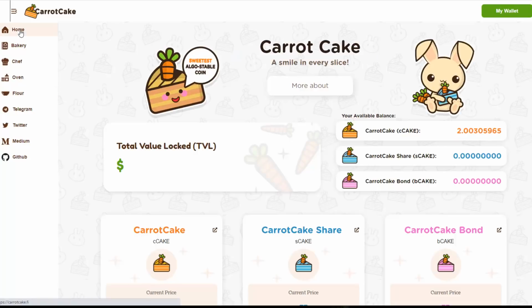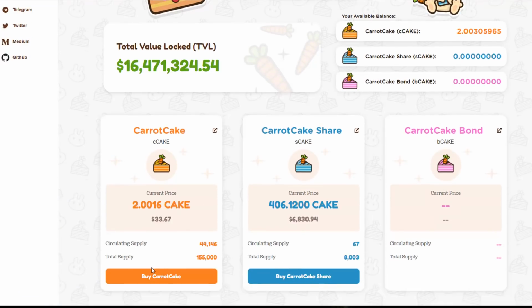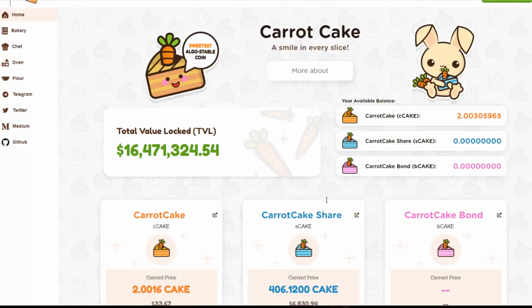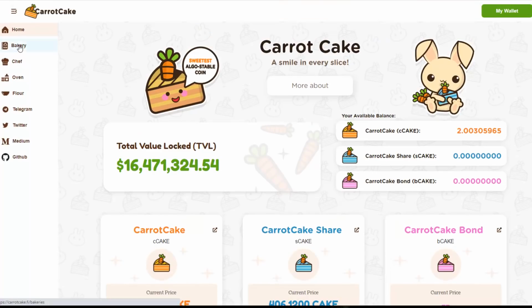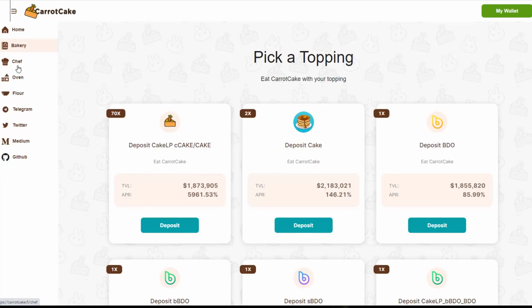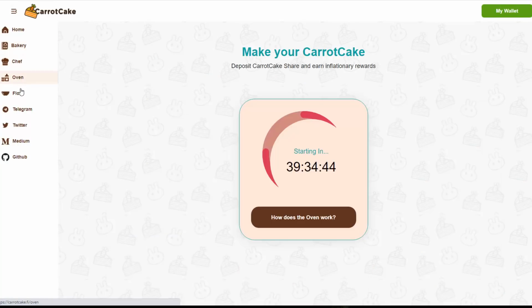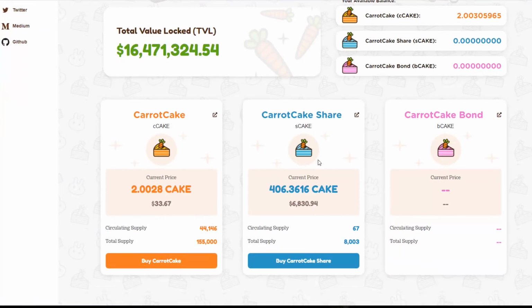But when this expands, let's just say that this supply expands by, I'm just taking a wild guess, 5,000 coins. 70% of 5,000 will go to the sCAKE share, which is this one here. Let's have a look. Oh, you can't see it because it hasn't started, but then those are used for rewards.